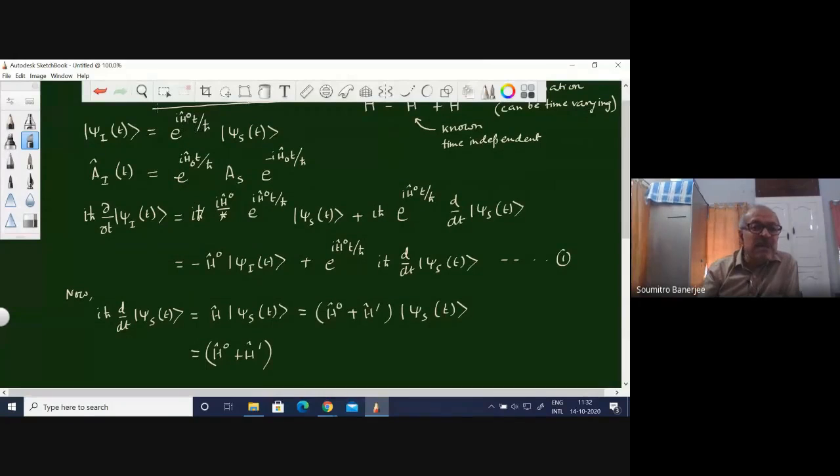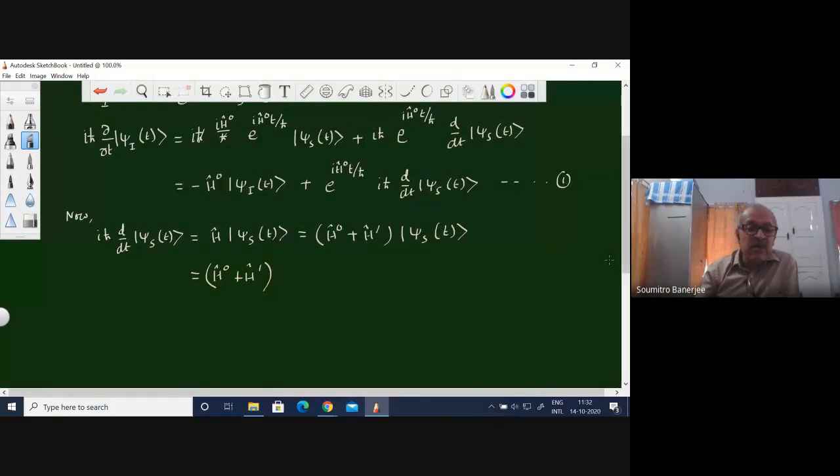Therefore, I have to bring this one to this side so that I can write psi S as e to the power minus i H naught t by H cross, and here it is psi I. I've converted that in terms of the psi I.